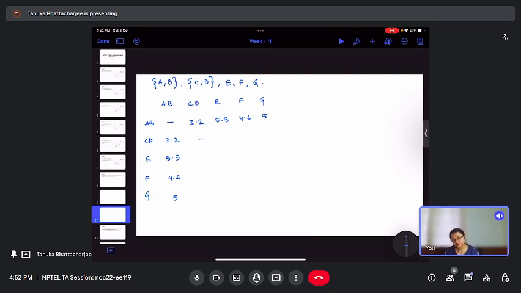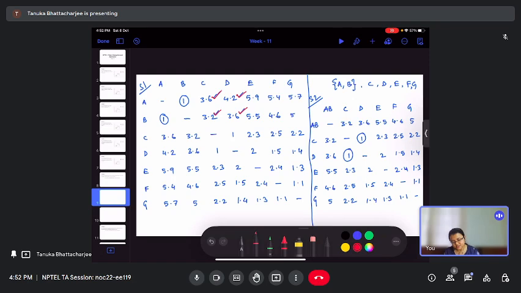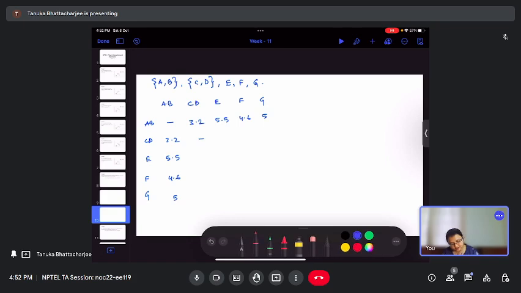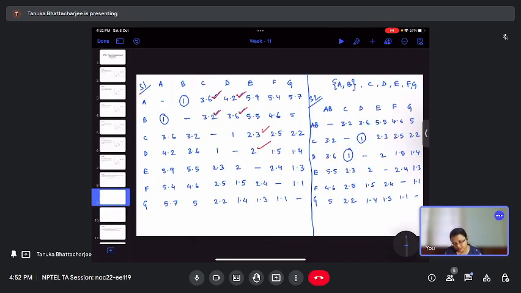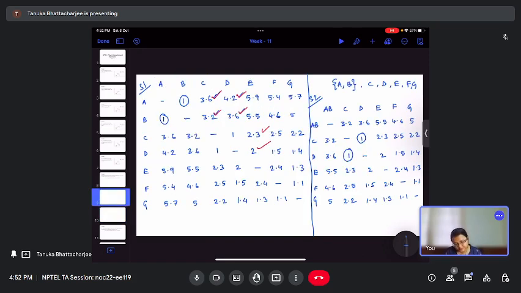Now you have to compute the distance between cluster CD and cluster E. So you will have to consider the distances CE and DE. The minimum is 2, so this distance you will get as 2. Now CD and F, you will get 1.5. CD and G, you will get 1.4.